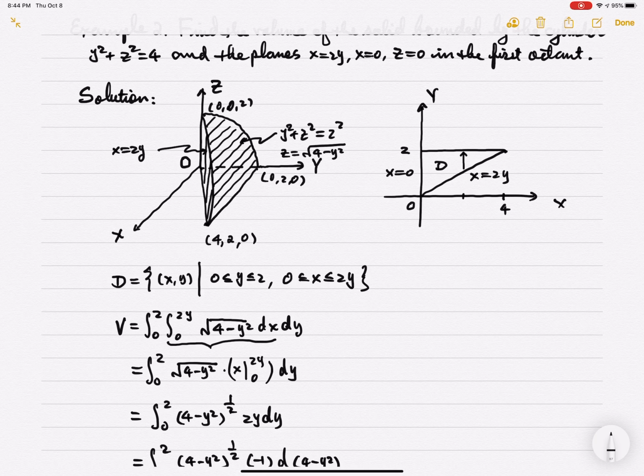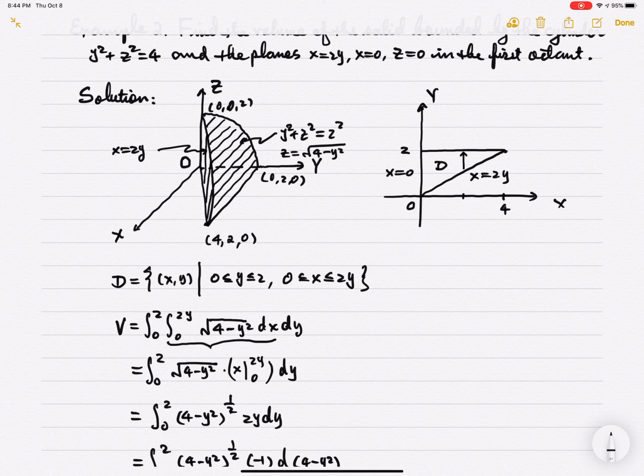So we're going to spend more time on this section. First of all, we talk about the type 1 region and type 2 region, and then on Monday I'm going to talk about an example.